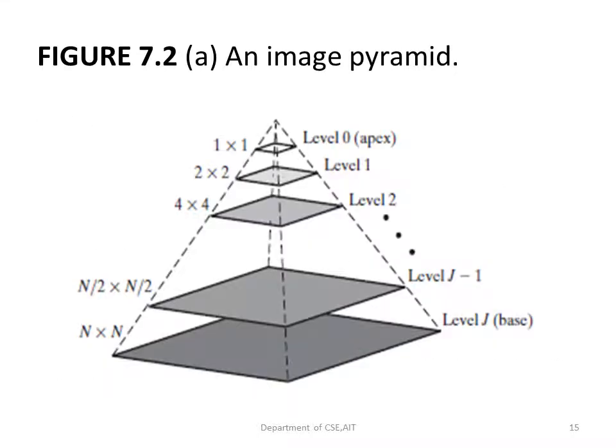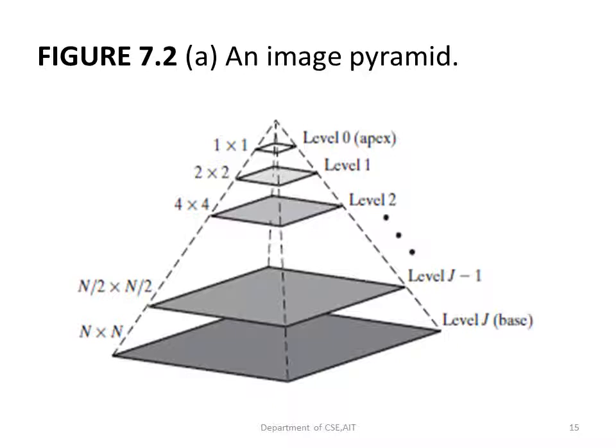This picture here is called the image pyramid. In this representation, the base level contains a high resolution representation of the image. That means we have an n cross n image at the base level.